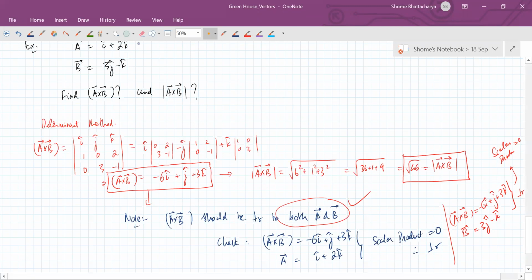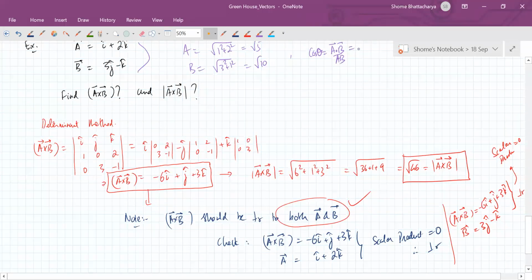And how to check the magnitude now? See, magnitude of vector A is how much? Root of 1 square plus 2 square. So that is root 5. Magnitude of vector B is how much? Root of 3 square plus 1 square. So that is root 10. And the angle between them is such that cos theta is this.